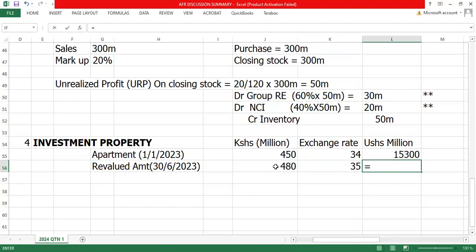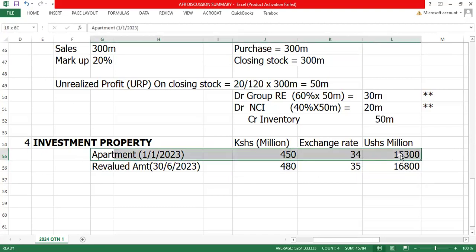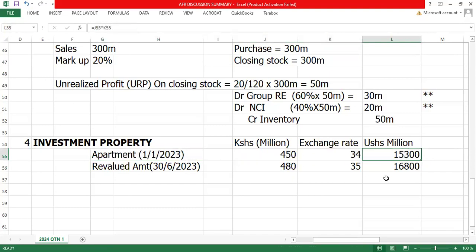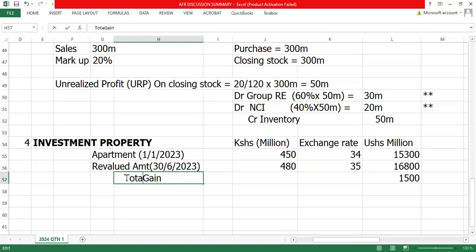And here you get this times this. Initially you had recorded the apartment figure at this amount, but now it is revalued at this. What comes to your mind? There is a gain.